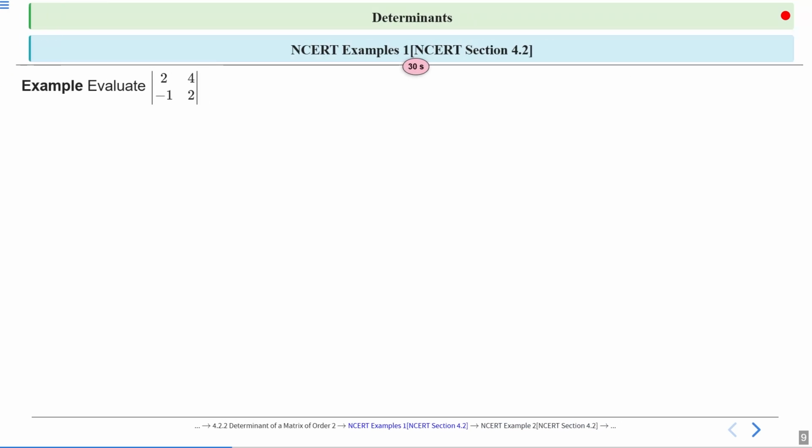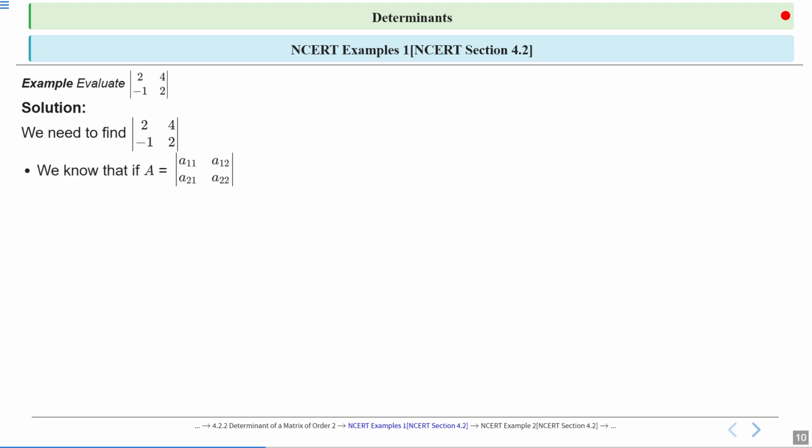For example, evaluate the determinant of 2, 4, minus 1, 2. So the order of this matrix is 2 cross 2, and the elements are 2, 4, minus 1, 2. So 2 and 2 are the diagonal elements and 4 and minus 1 are the off diagonal elements.